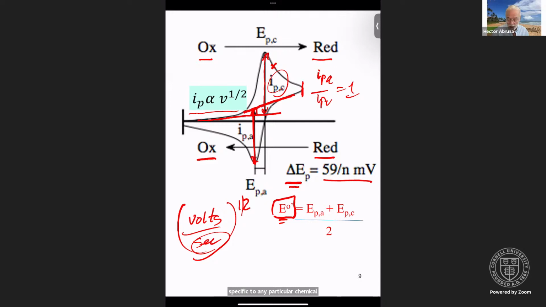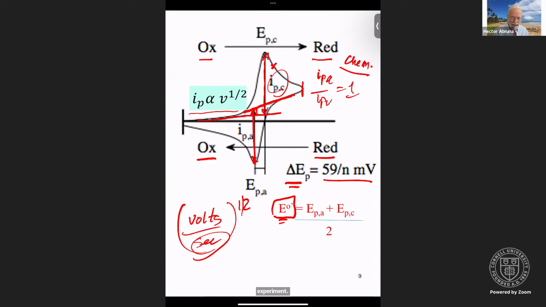And it's reasonable enough to take it as the average of E peak cathodic and E peak anodic. If the ratio of peak currents equals 1, we can assume that the system is chemically reversible, meaning both ox and red are chemically stable entities in the time frame of your experiment.